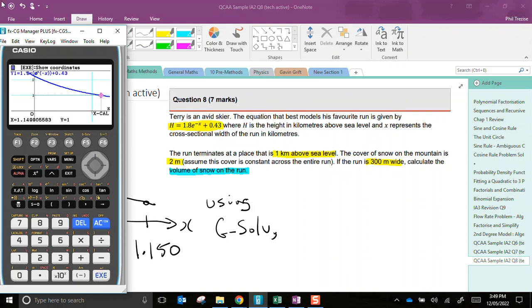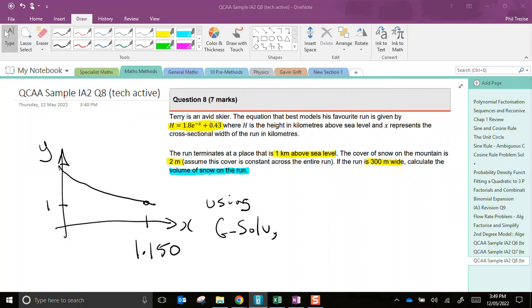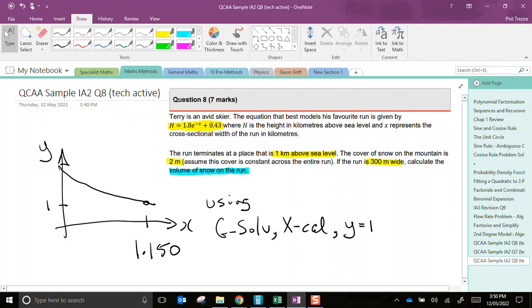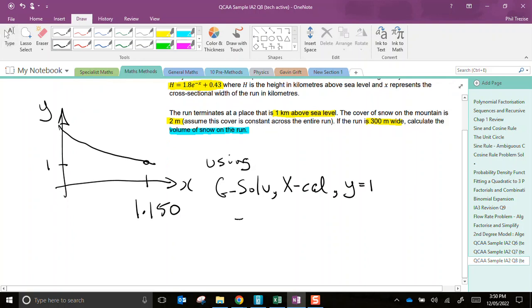That's what I did. And there it is. So I did an X calculation, and I set Y equal to 1. And so the calculator then told me that X had the value of 1.150 kilometres. They did note that these were all in kilometres.